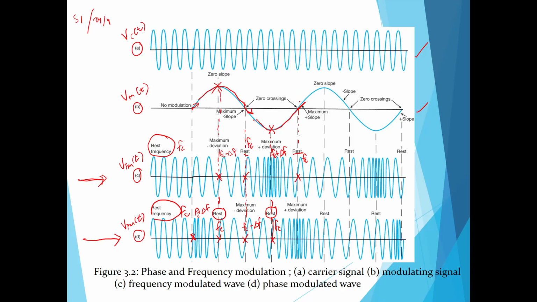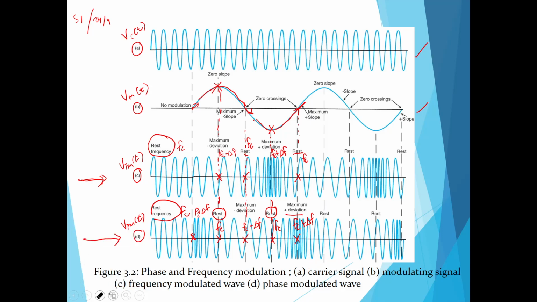It wants to move towards positive. What happened? There will be a critical change to the carrier. So the carrier will be at maximum positive deviation, which means the carrier frequency would be at maximum, which is Fc plus delta F. Okay, and so on, dan seterusnya.